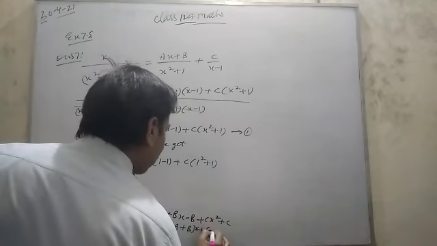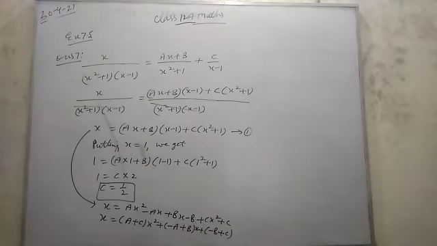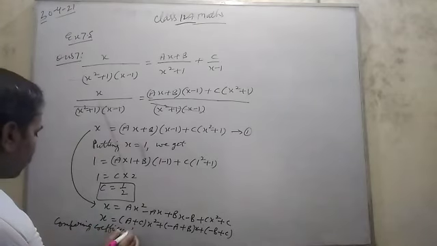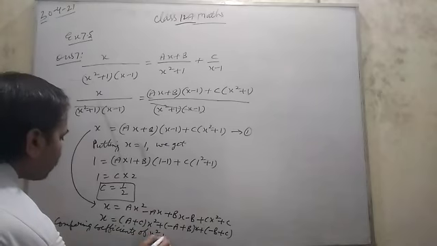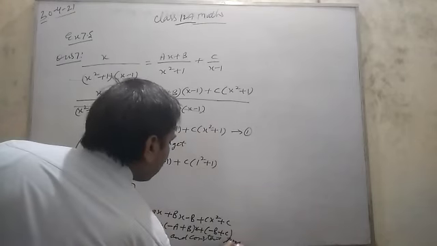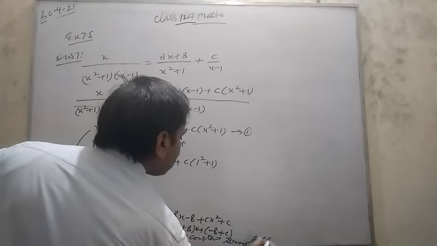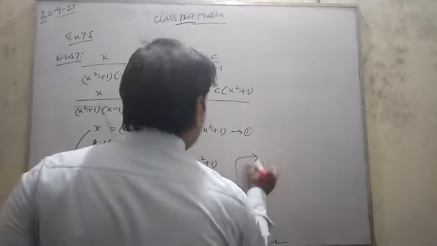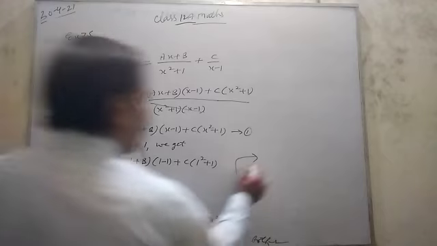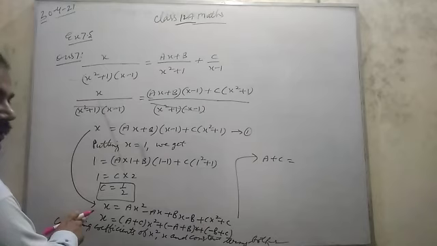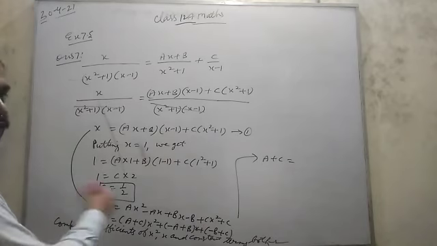Then comparing coefficients of x square, x and constant terms on both sides. So x square coefficient on the right is a plus c, and on the left hand side x square is not existing, means its coefficient will also be 0.